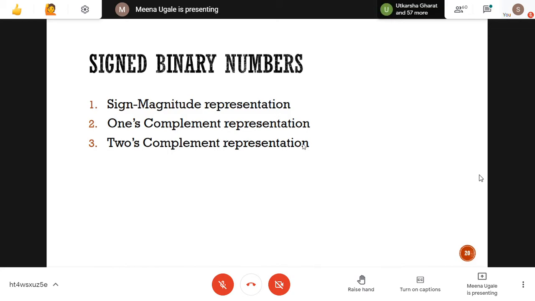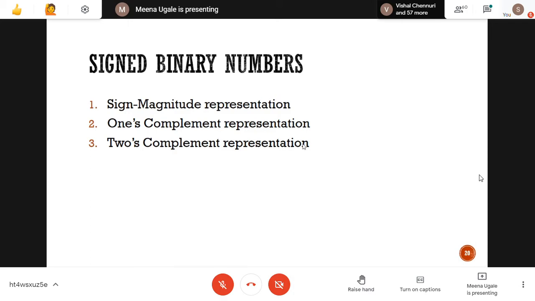And how I can go for representing these signed binary numbers is a very important part. The first is sign magnitude representation, or I can go for one's complement representation, or the third is 2's complement representation.